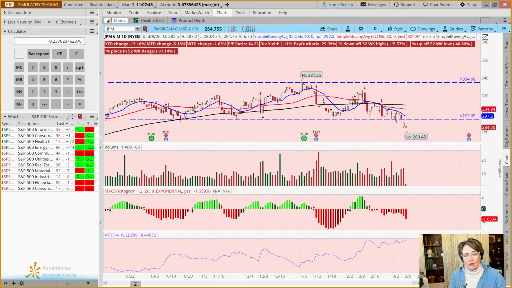Do you see what I see? Well, what I'm seeing is a shoulder, a head, and a shoulder, and then a break below that support level.